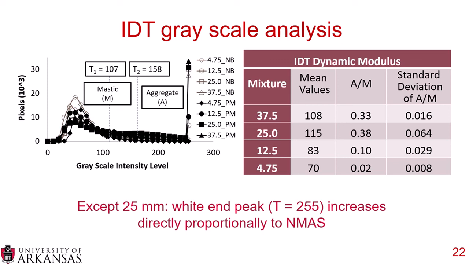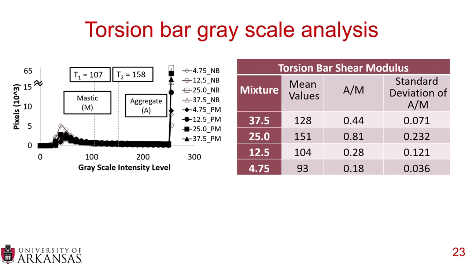And then finally with the torsion bar grayscale analysis, you can see here that the trends continue. The 37.5, the 25, and the 12.5, there's a very, very strong parabolic shape with the largest values by far at the 25 for both the mean values and the A/M.